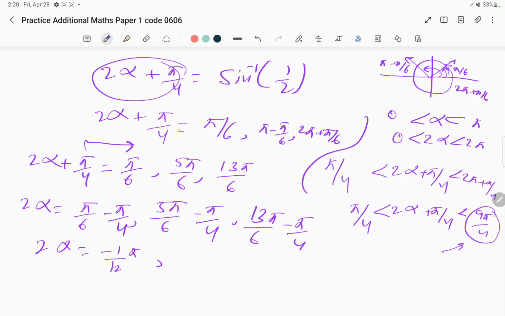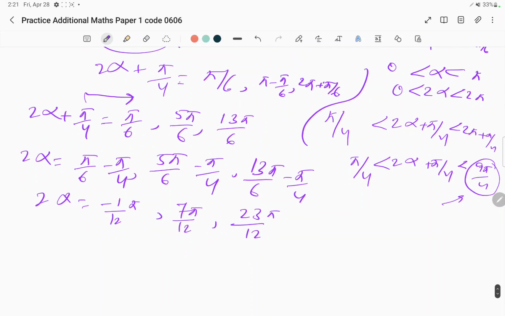And here it is 5 over 6 minus 1 over 4, which is 7 pi by 12. And here it is 13 over 6 minus 1 over 4, which is 23 pi over 12.